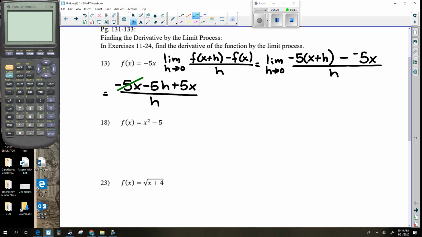Notice that negative 5x and plus 5x cancel. This is going to happen a lot. So this leaves us with negative 5. By the rules of limits, the limit as h goes to 0, notice that the h drops and there's no more illegal mathematics. So this is equal to negative 5.